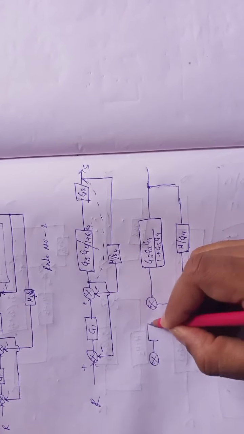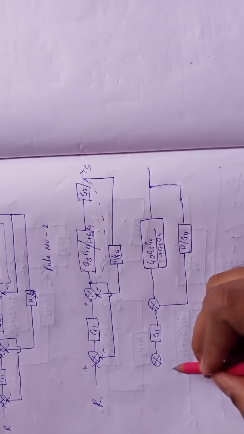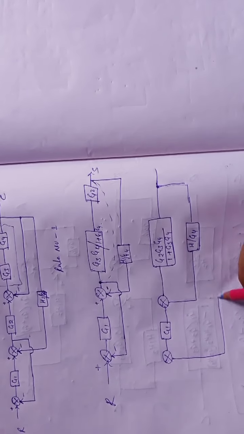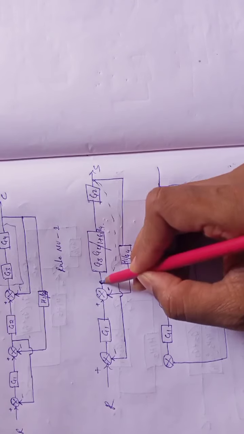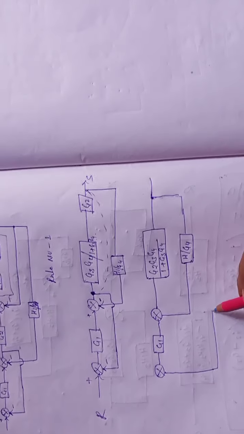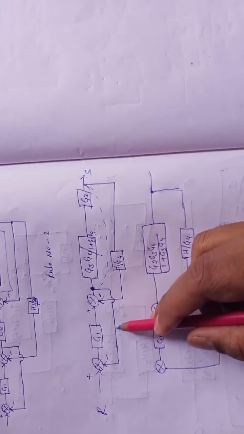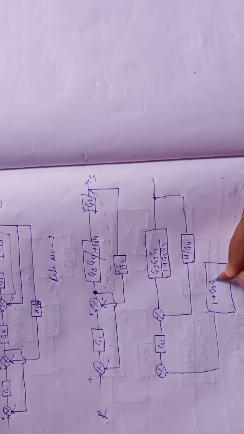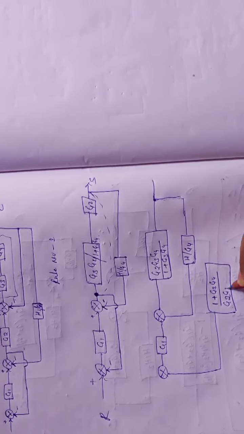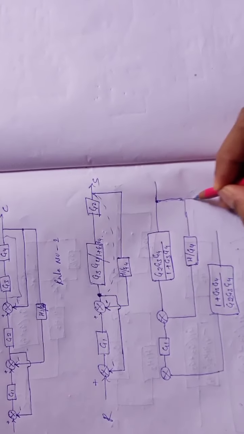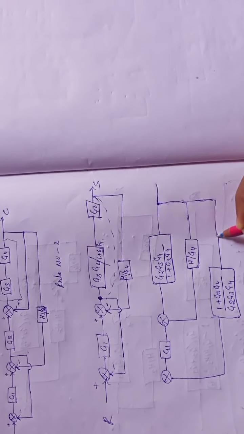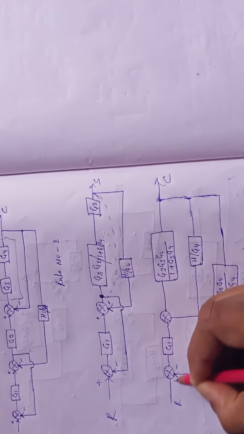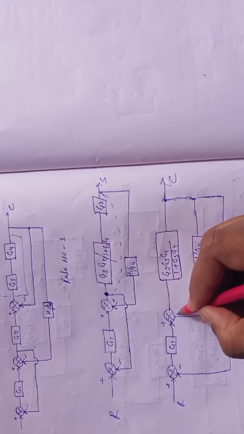This is the summing point, and the G1 block is here as it is. It becomes inverse because it is unity feedback: 1 plus G3 G4 divided by G2 G3 G4, and it comes to the common point. This is C, this is R, and minus plus, and this is plus minus.